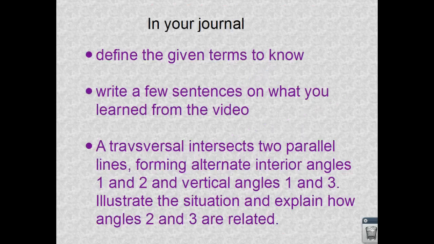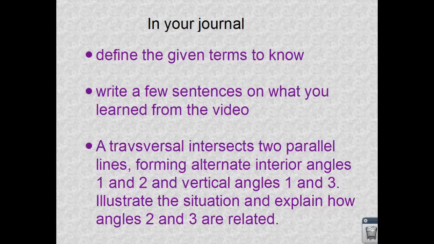Okay, in your journal, please define the terms on page 2 of the flip chart. And I know that there are some new things out there. I want you to concentrate on writing some nice sentences on what you learned from the video. And also, this time I want you to answer the last question here.